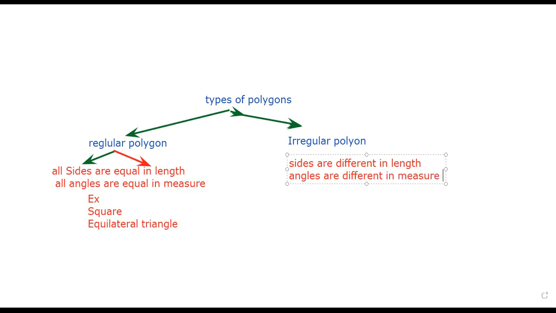Okay, so this is the first part which we want to revise together today: the types of polygon. We have regular polygon and irregular polygon. And we said regular means all sides are equal in length and all angles are equal in measure.